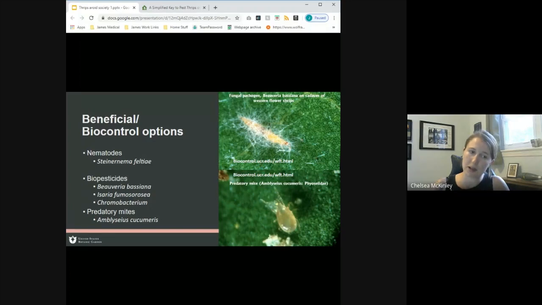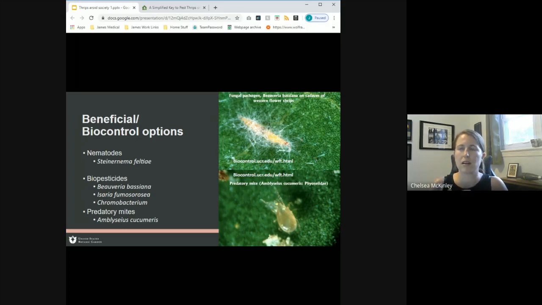Something that could work in an air-conditioned apartment is predatory mites. Amblyseius cucumeris is the most common predatory mite on the market, and they specifically feed on thrips.